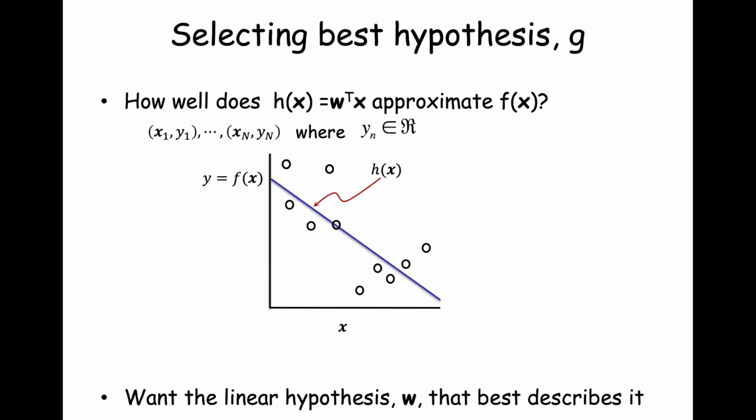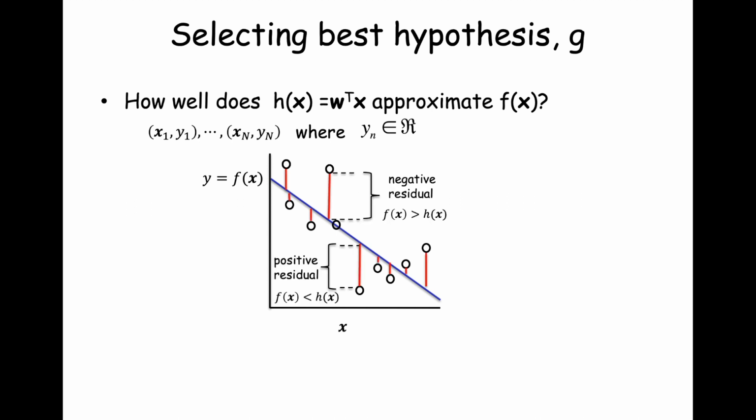And so then we said we want a linear hypothesis, a line on the plane in this particular example, one that best describes or mimics the labeling of our target function. And so we measured the difference, or residual, between the predicted real value for each input, or each customer, and the ground truth label assigned by this unknown target function.